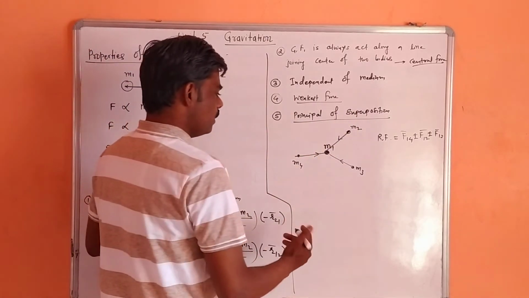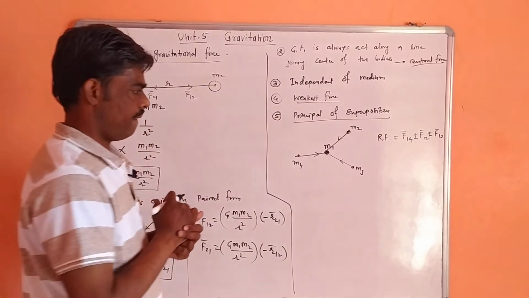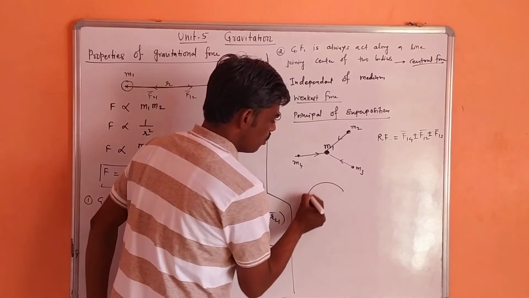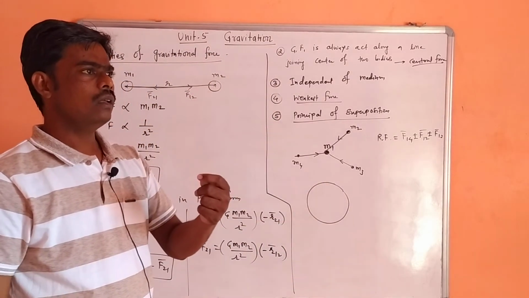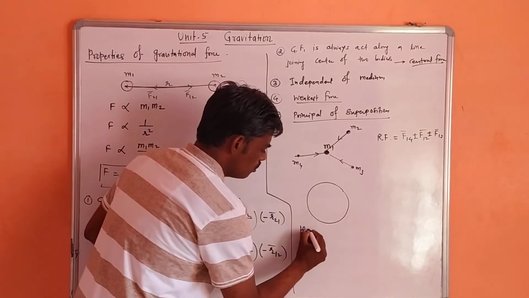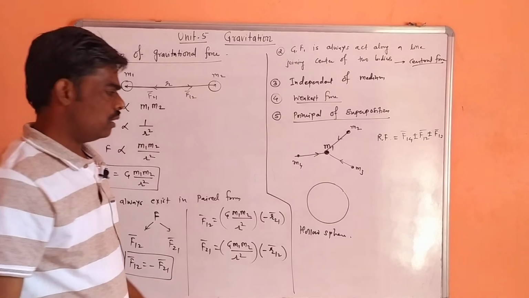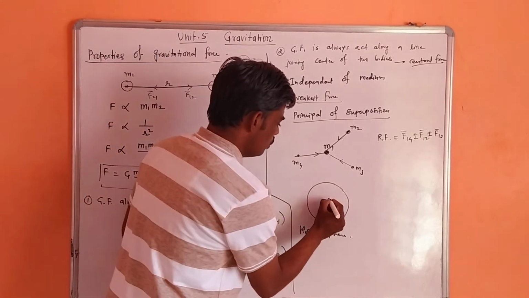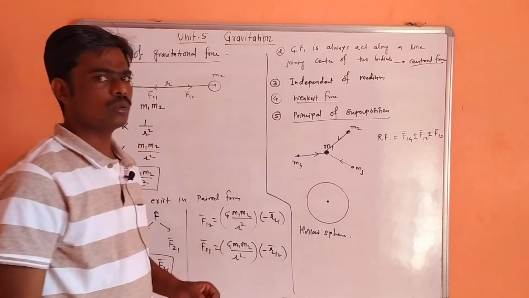So if we consider an entire extended body, any extended body, just like a hollow, suppose this is a hollow sphere, and we are going to find the gravitational force at its center.